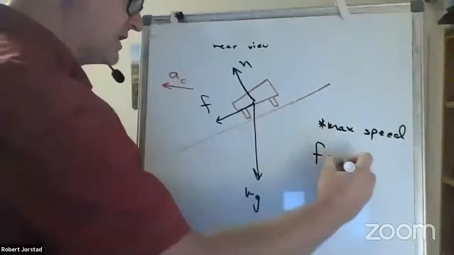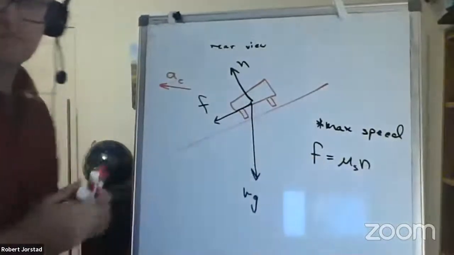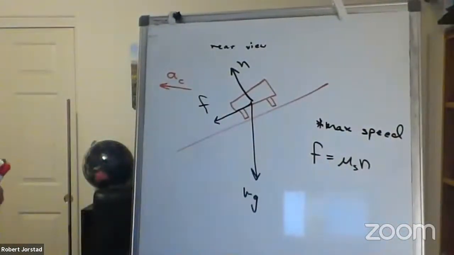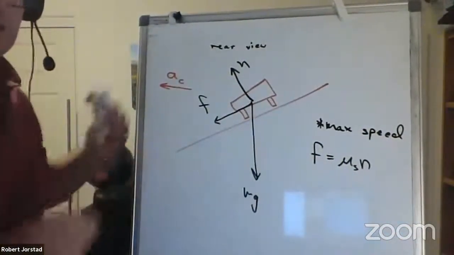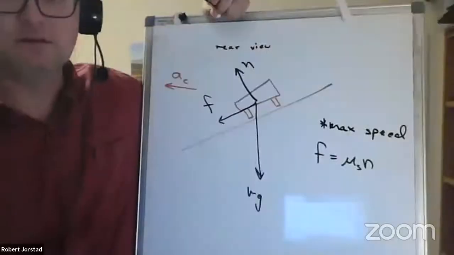Is it mu static? That's right. So friction is mu static times the normal, and it's okay to use the equals for this one. Okay. And so, so far, that's all good, you said, right? Right. Okay.